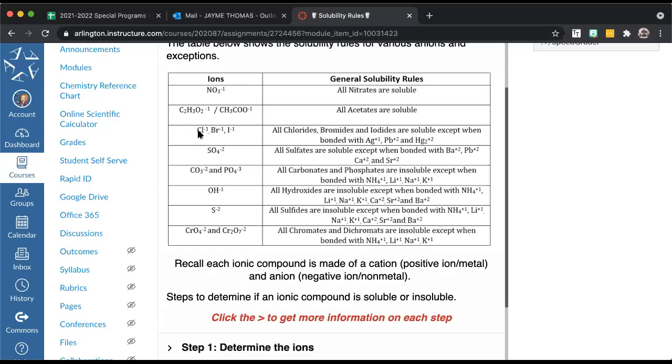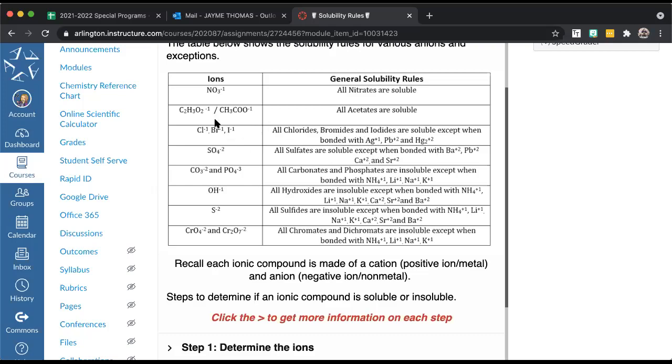So chloride, bromide, and iodide, it says all of them are soluble. Normally if you have chloride, bromide, or iodide in a chemical formula for a compound, they're going to dissolve in water. The only exceptions are if you have chloride, bromide, and iodide paired up with one of these three elements. If it's paired up with silver, so silver chloride, silver bromide, or silver iodide, they will not dissolve.